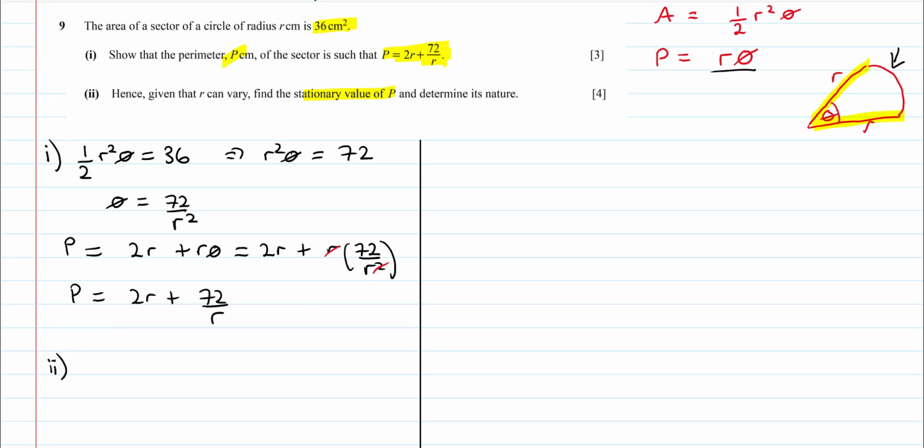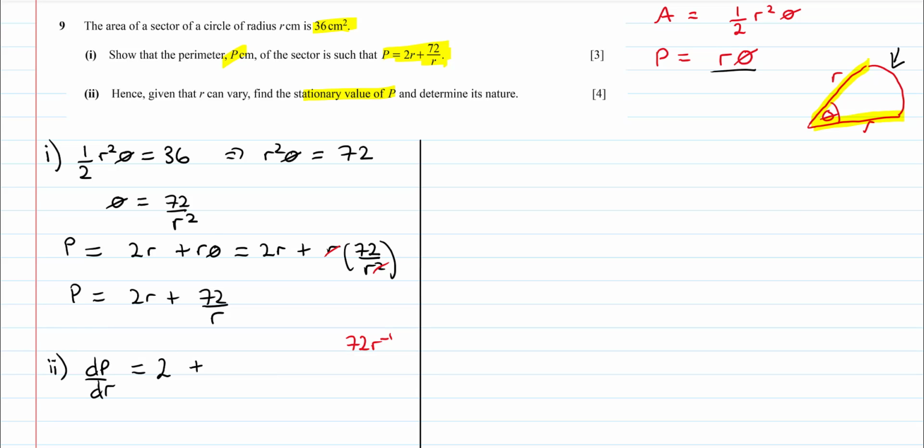So taking the derivative of that then, with respect to r, we're going to get dP by dr is equal to, well 2r will just become 2, and then plus, well 72 over r, you can think of that as 72r to the minus 1.